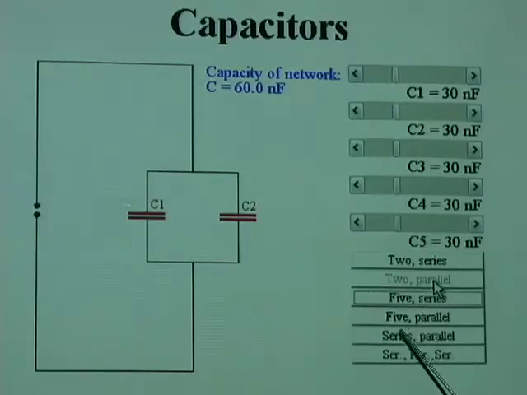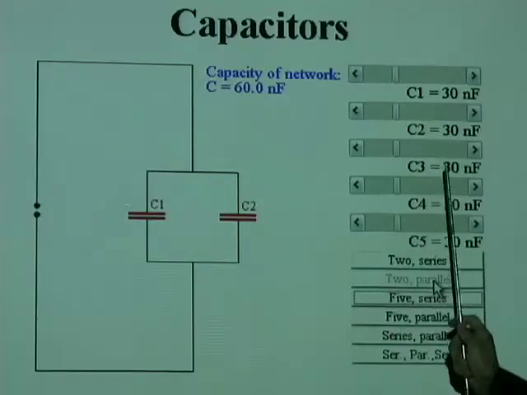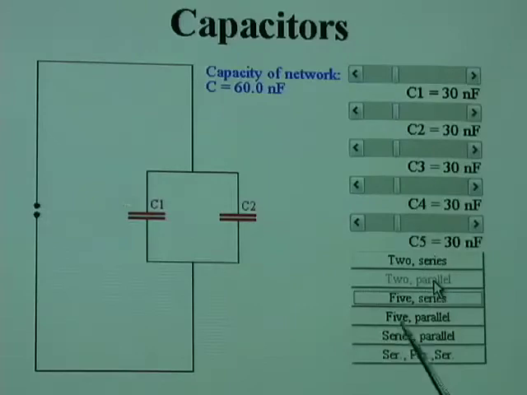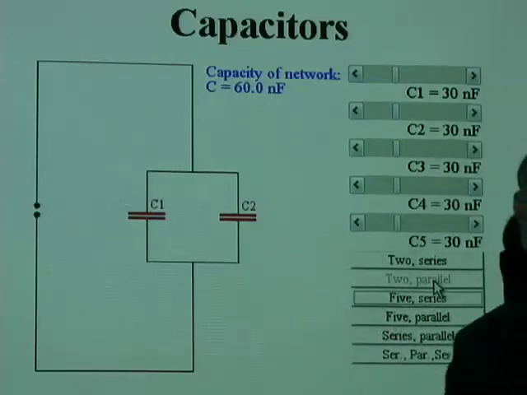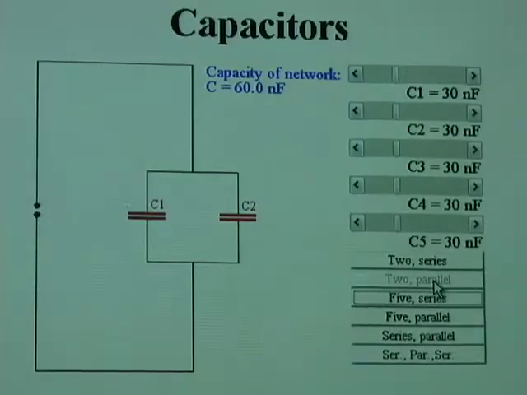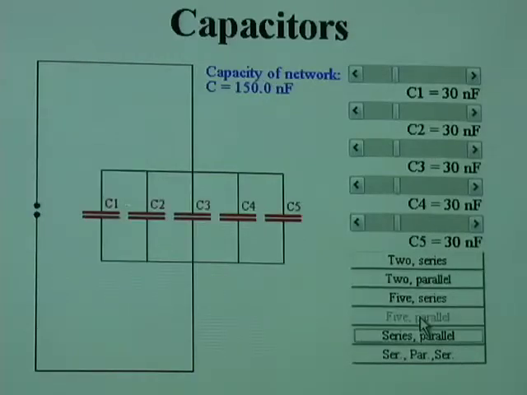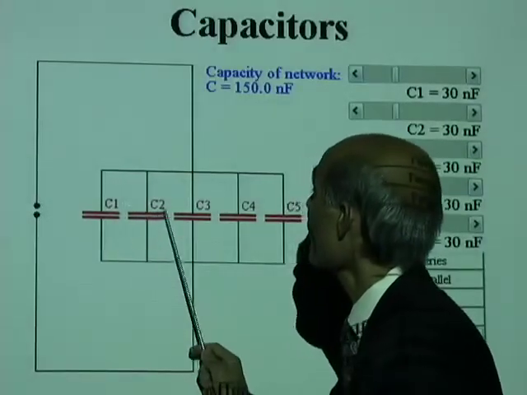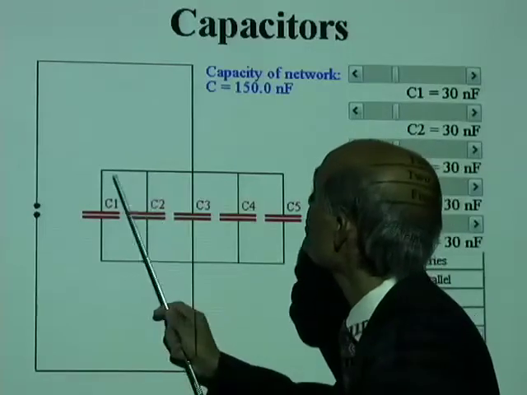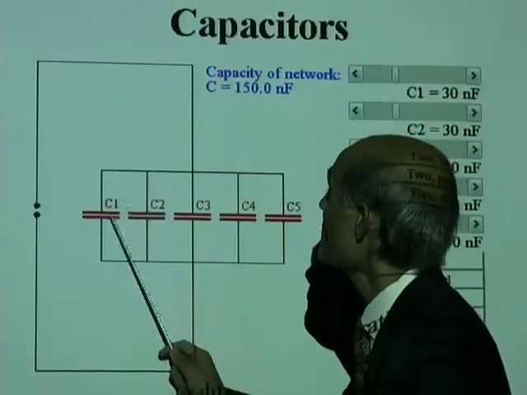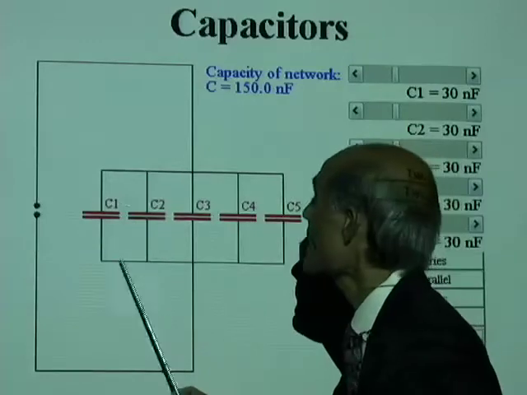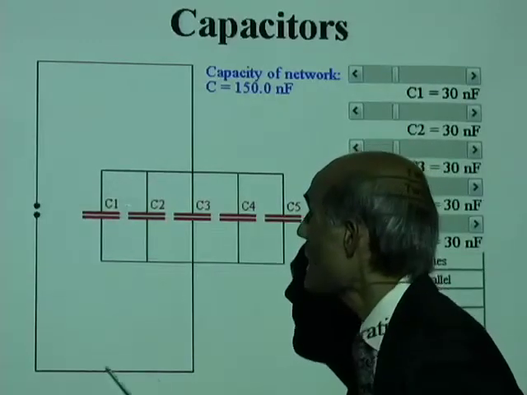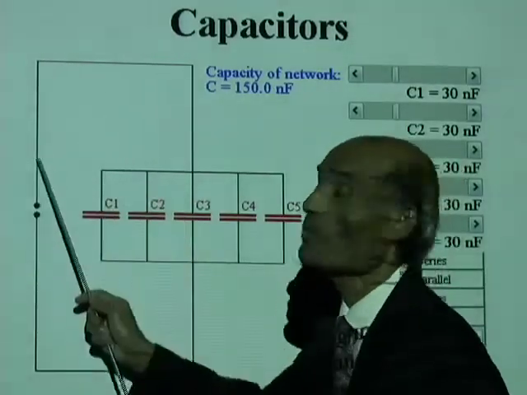How about 5 in parallel? If I connect 5 of these capacitors in parallel, how will it look? There you are. So 5 capacitors, you notice that the positive of each of them is connected together, and the negative of each are connected together, and the battery is connected between them.